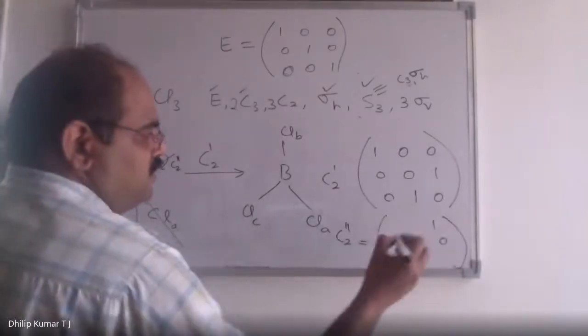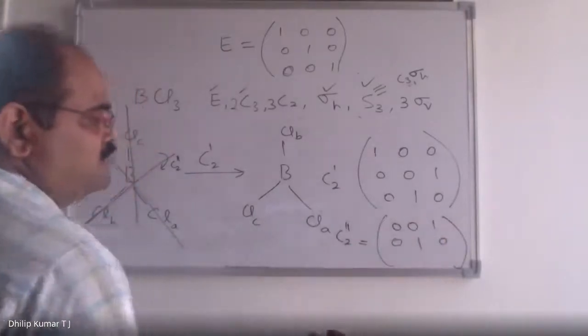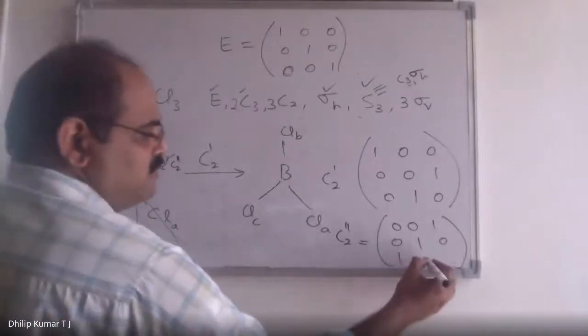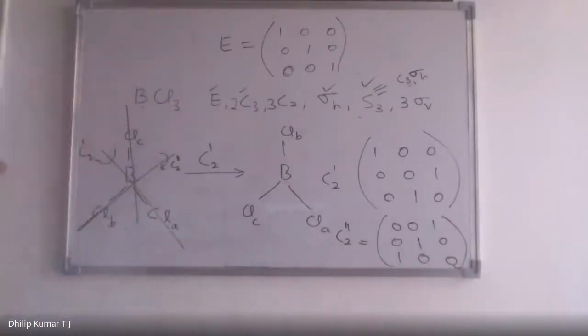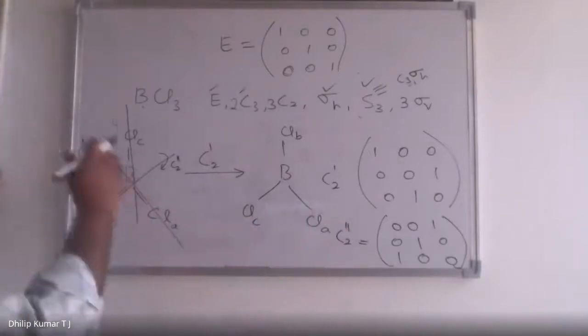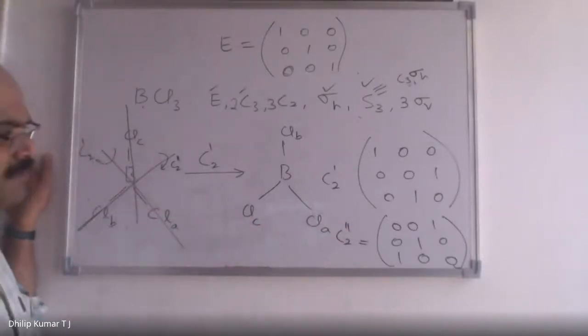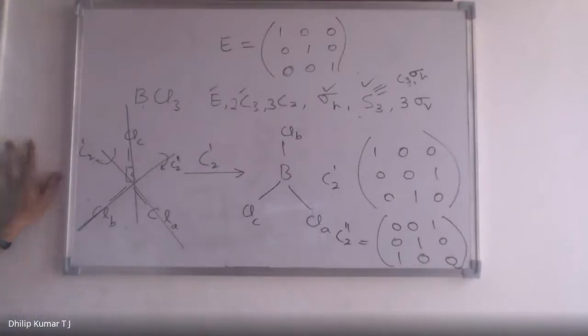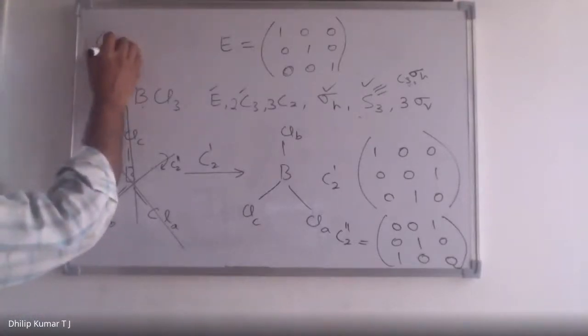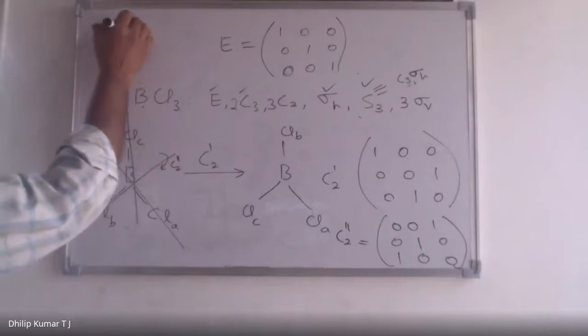A will come here, and C will be somewhere here. So it will be something like this. This is C2 double prime, passing through the ClB atom, and then C2 triple prime, you can say.